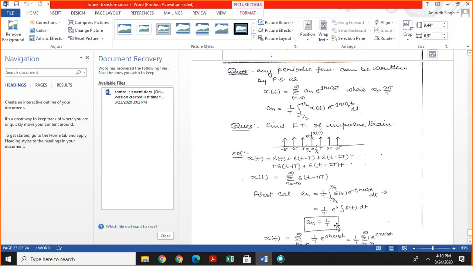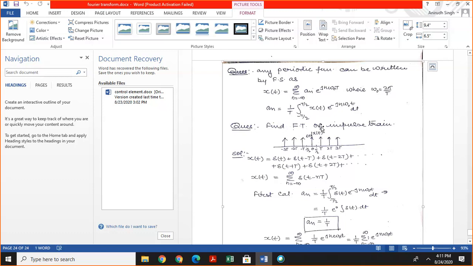Last question is, before discussing this question, you know that any periodic function can be written by Fourier series as x of t is equal to summation n from minus infinity to plus infinity a n exponential plus j n omega t, where omega is given by 2 pi by T, and the value of a n is given by this.